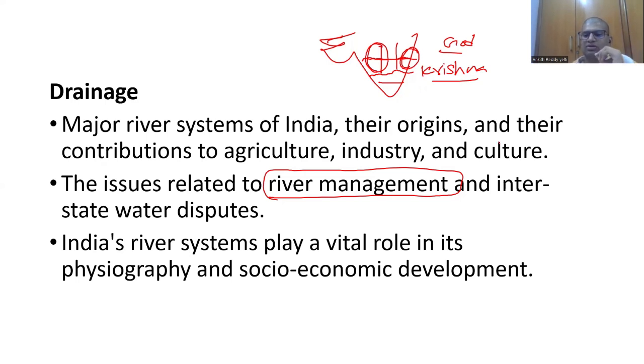So you need to put special focus on interstate water disputes. There are 4 to 5 areas, like, as I told you, the Godavari, Krishna, Kaveri, and Mahanadi. These are the water dispute rivers, so you have to focus on these aspects.